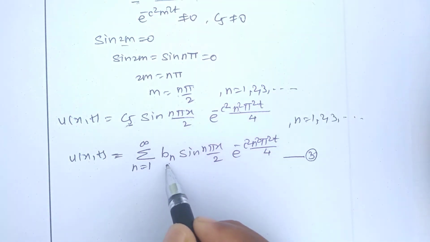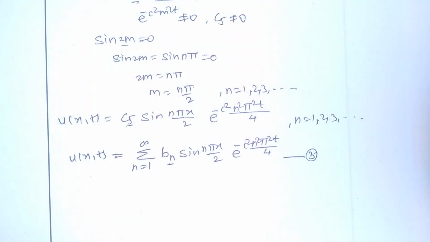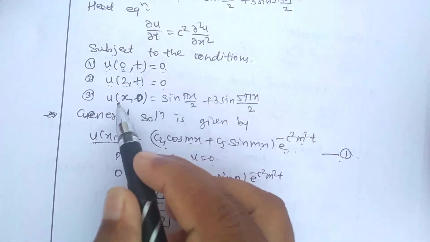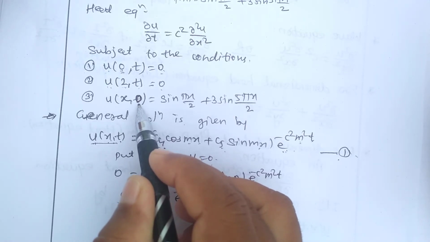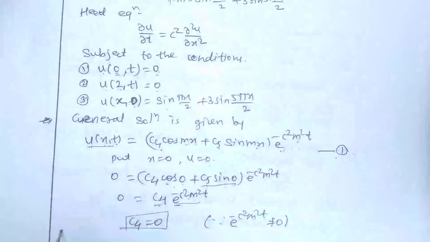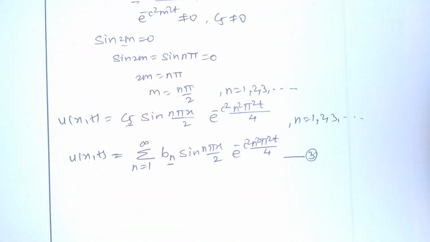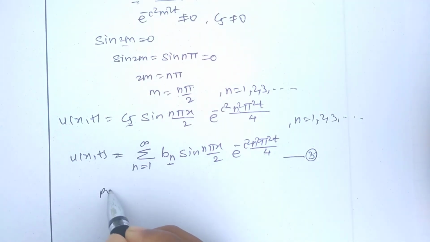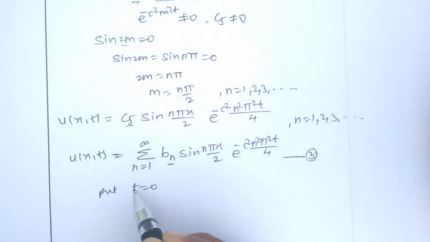Now only one constant remains, that is bn, and to find the value of bn we have to use another condition, the last condition. Which is the last condition? We are given that u of x comma 0, that means when t equals to 0, the value of u is sin pi x by 2 plus 3 sin pi x by 2. So put t equals to 0 now.